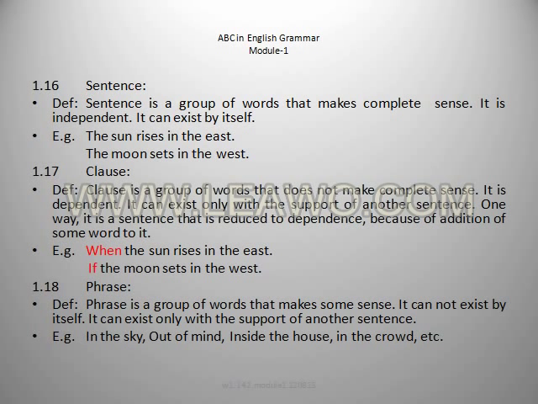If the moon sets in the west. In the above sentences, the sun rises in the east has become a clause because of the addition of when, and the moon sets in the west has become a clause because of the addition of if.